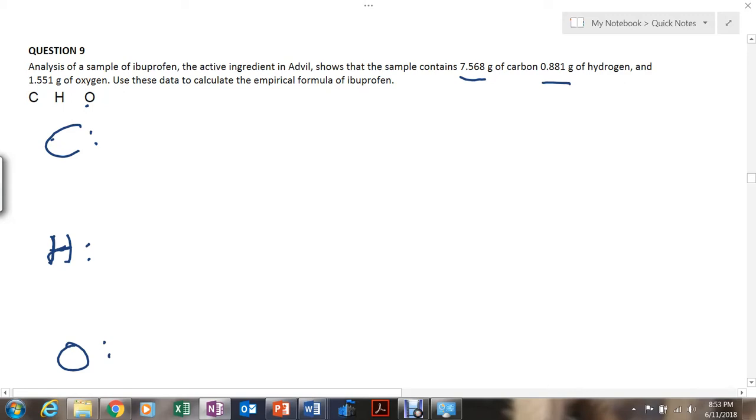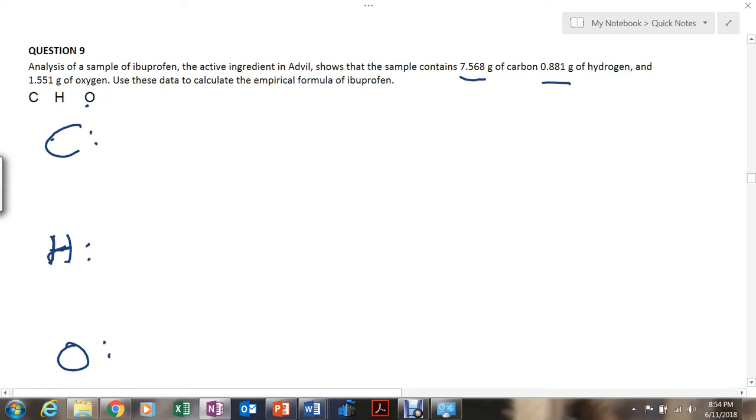When I give you percentage, you have to assume 100 grams, because you want to look at the proportion of each element in a compound, which doesn't change because of the law of definite proportion, no matter the size of the sample. You can assume 100 grams. Here, you can use the grams given, and using that, we can find the ratio.